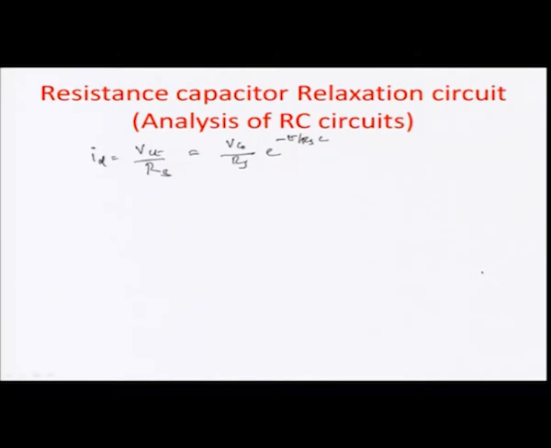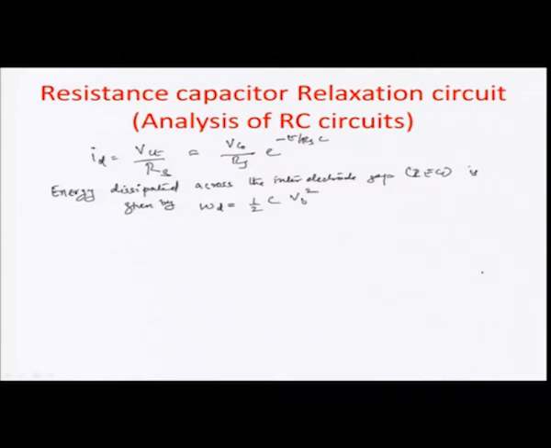So, energy dissipated across the inter electrode gap is given by half CV square, and in this case the V corresponds to the breakdown voltage of the medium, we call it VB.